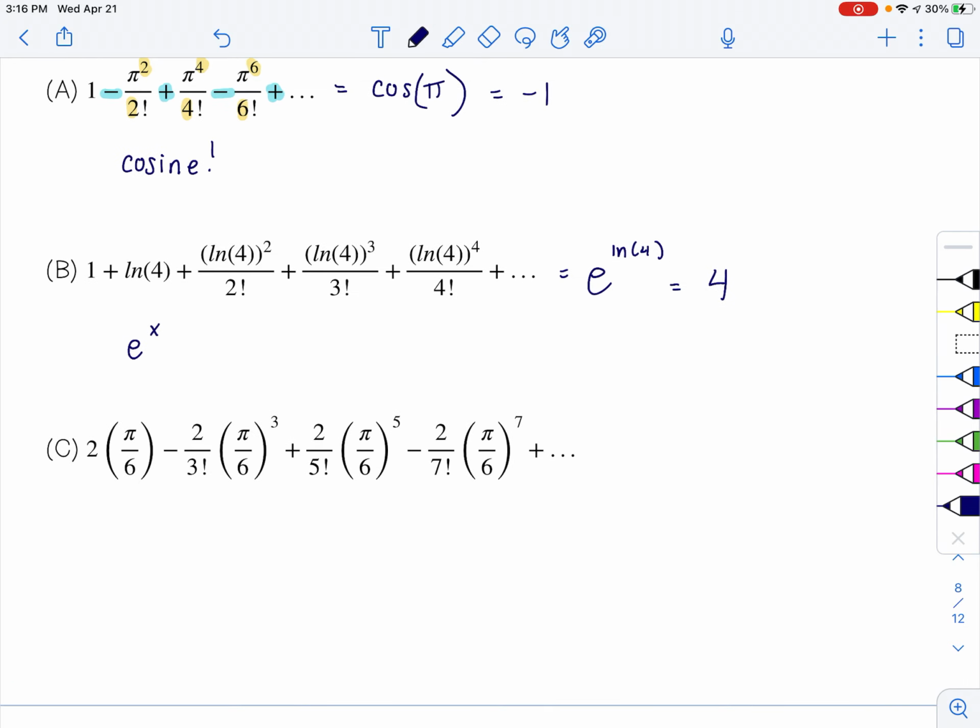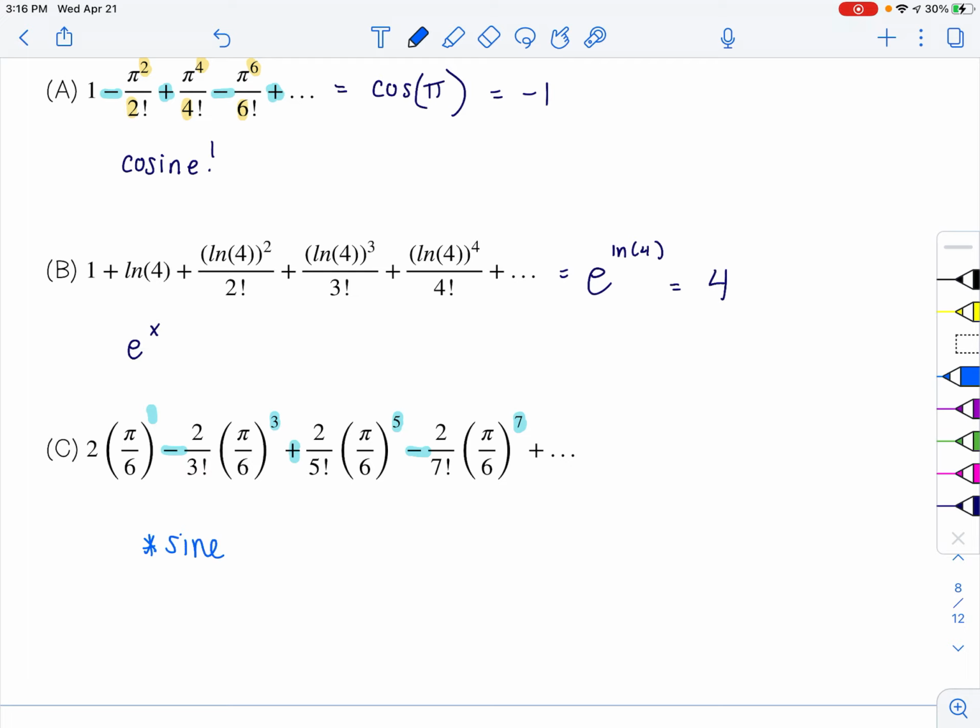So C is a little harder. So we have our odd powers, right, because the power of 1, power of 3, 5, 7. So it almost looks like it's alternating signs. So alternating signs and odd powers kind of signals that this is sine, right? Alternating and odd powers is sine.